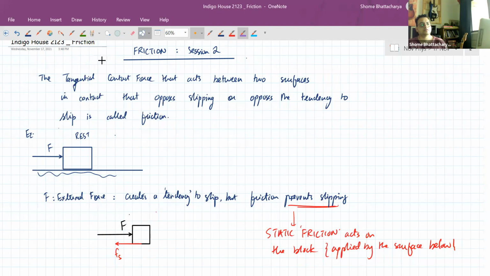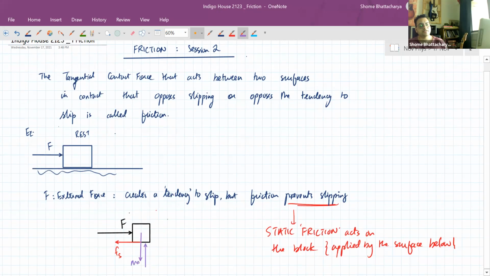And the other two forces acting, of course, are the vertical forces of weight and normal reaction. But this body is at rest. So for example, in this case, let's say the mass of the body is 10 kilograms, the external force that we are applying is 25 newtons, and g is equal to 10 meters per second square.